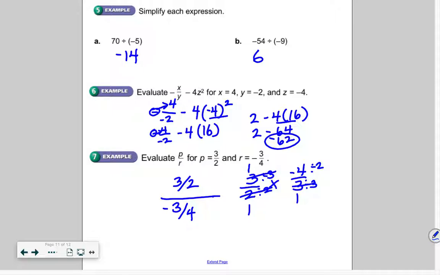What's a negative 4 divided by 2? A negative 2. Now multiply going straight across. 1 times negative 2 is negative 2, and 1 times 1 is 1. So negative 2 over 1 is negative 2 for a solution.